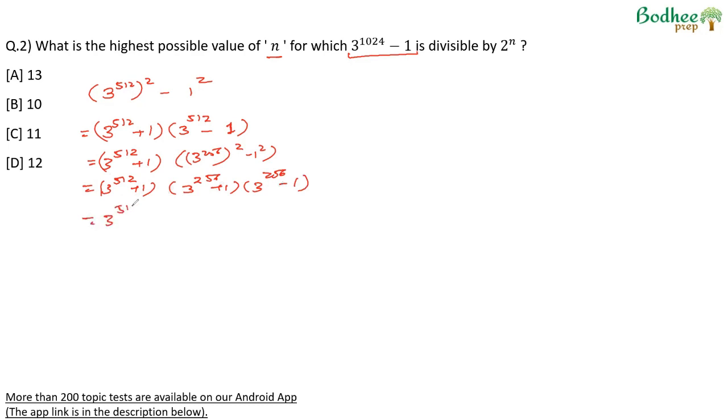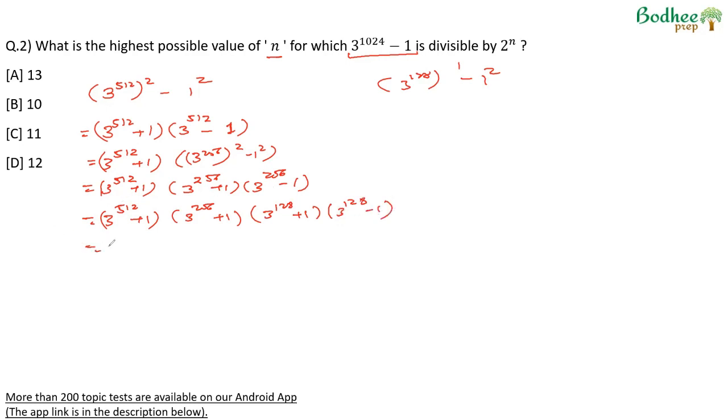Further, the plus terms remain as they are. 256 becomes 128 square, so 3 raised to power 128 square minus 1 square. This will become 3 raised to power 128 plus 1 into 3 raised to power 128 minus 1.